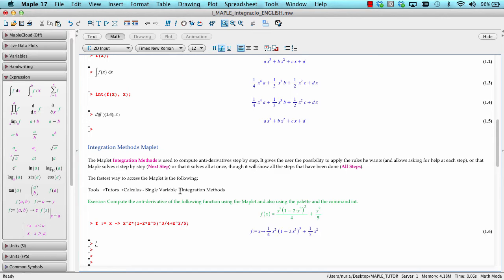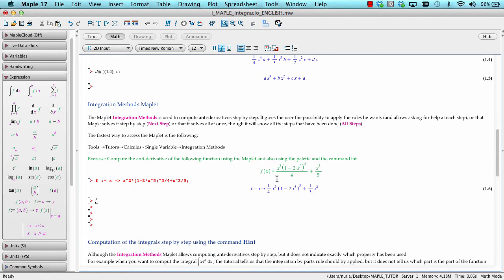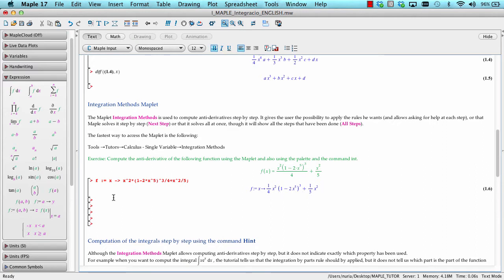Let's see if we have the function we are given, x squared divided by 4. It's the same.